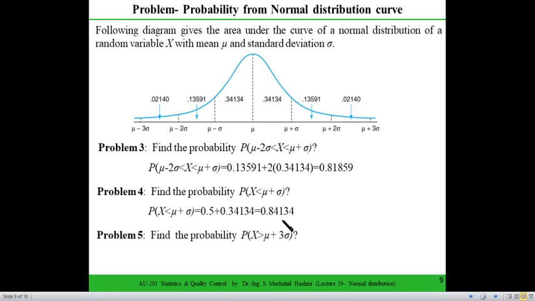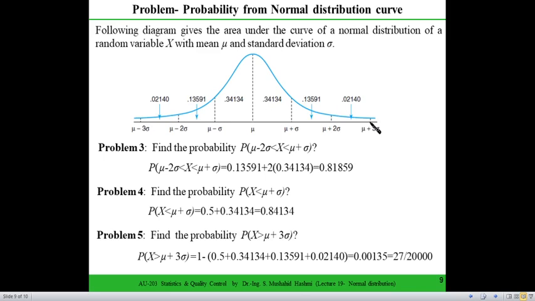If your problem is x greater than mu plus 3 sigma, so any value which is greater than that, you know this is 0.5, and then you end up with this, and the total is 1, so you subtract from 1 to get this small area. So in problem 5, the area would be much smaller. Let's say you're up to this point, the total area is this plus this plus this, and the whole thing is 0.5.